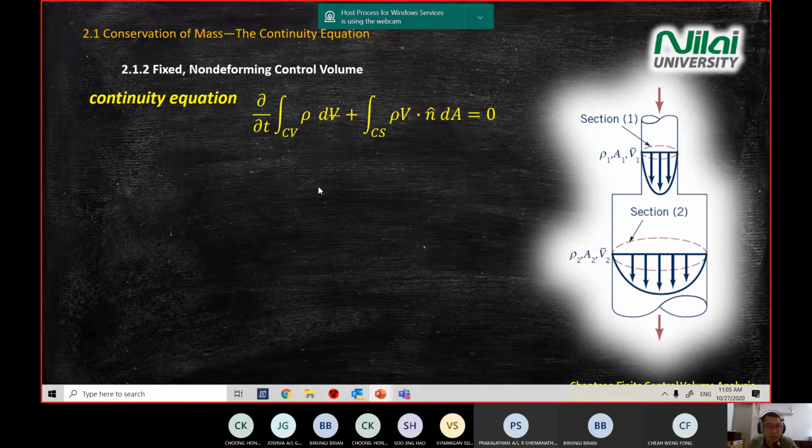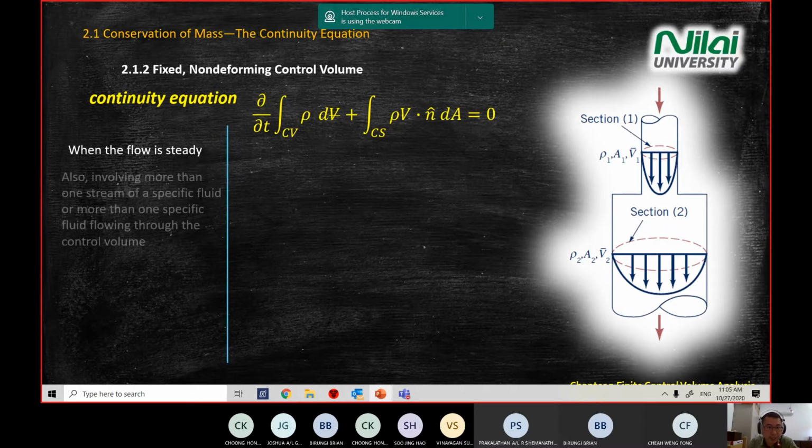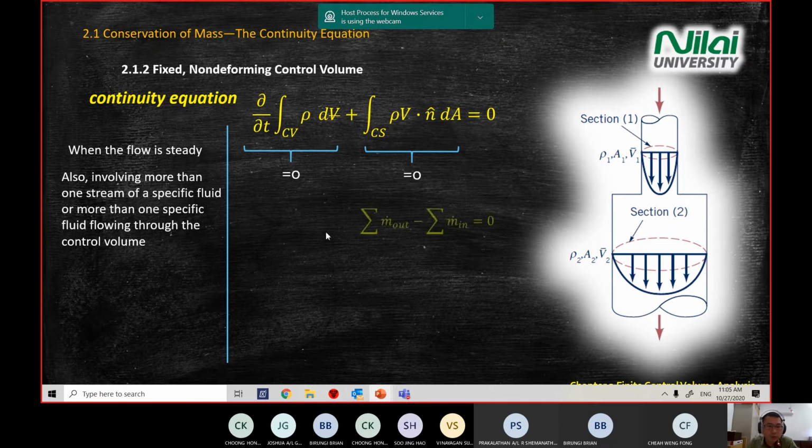Okay, we start with the continuity equation. When the flow is steady, this is 0, and this is also 0. So this component is 0 when the flow is steady.